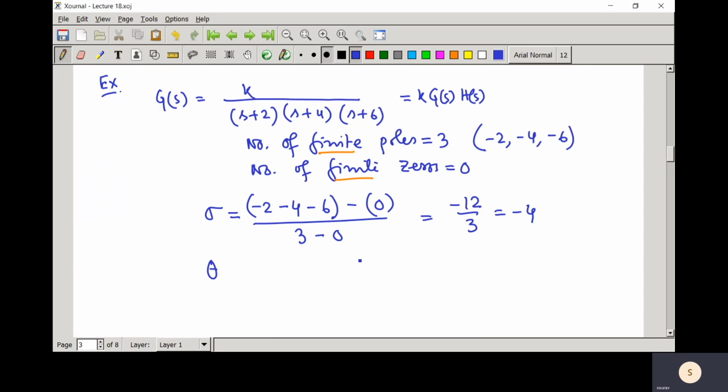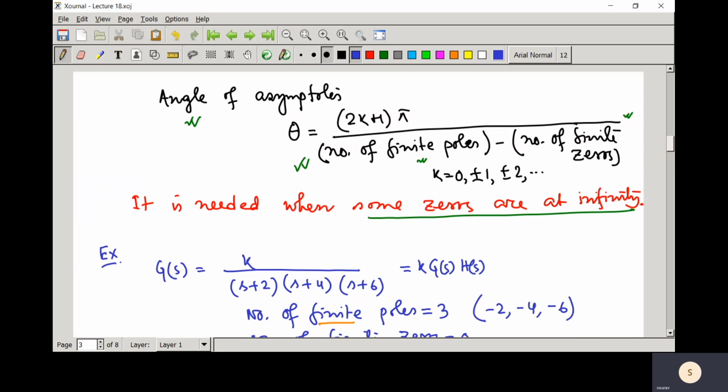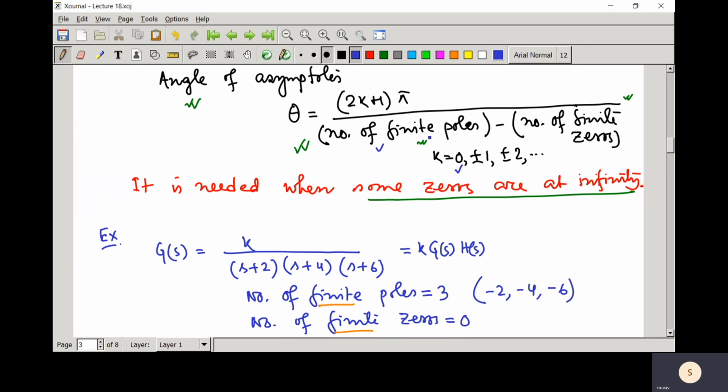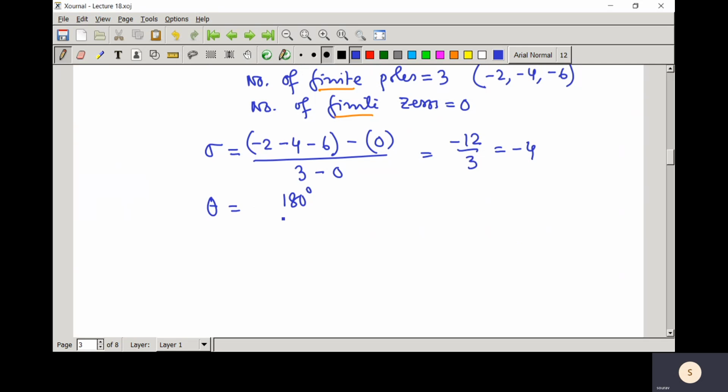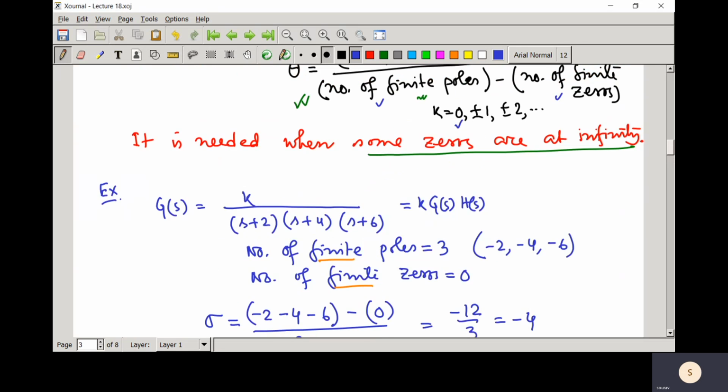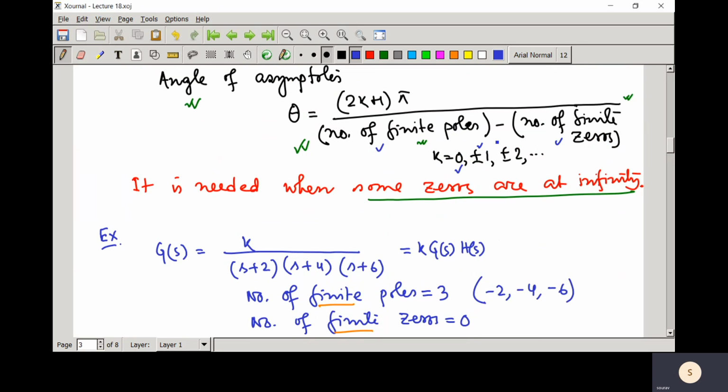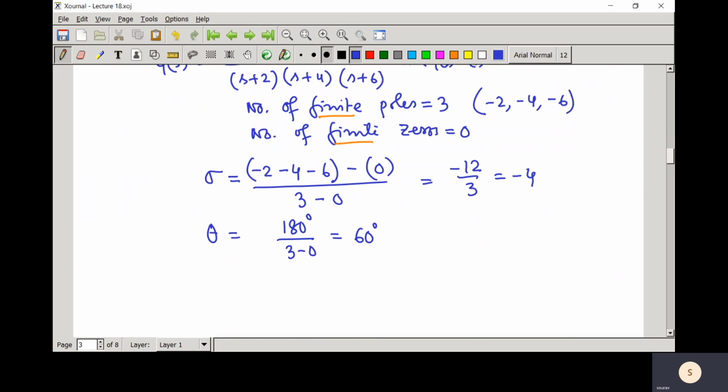And then what is the angle of asymptotes? The angle of asymptotes is equal to, you can see here, 180 degree, if we take k equal to 0, that is 180 degree divided by 3 minus 0. So that is 60 degree. And here if you take k equal to 1, that is 3 into 60 degree, that is 180 degree.